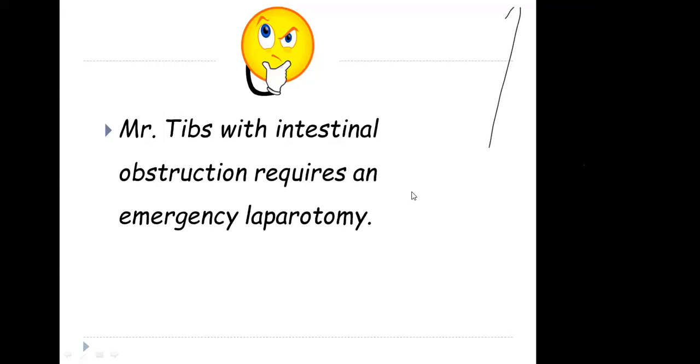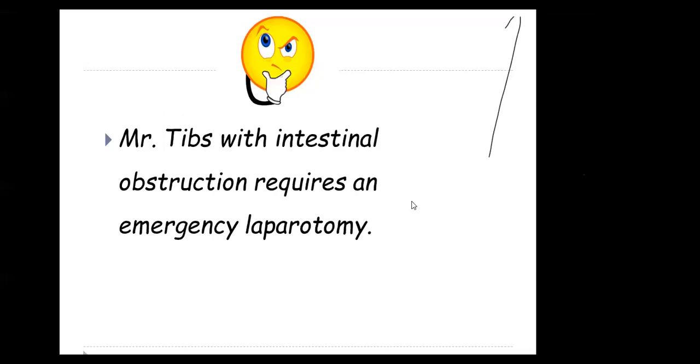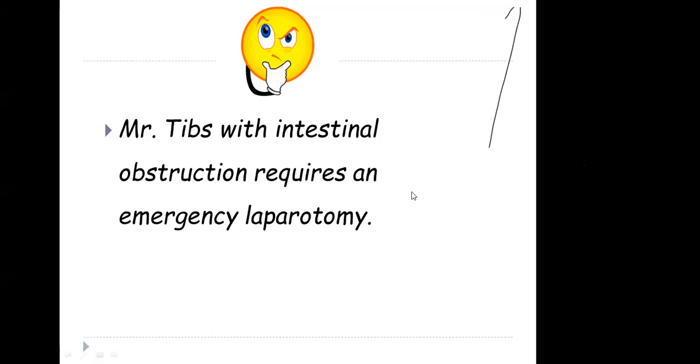What would you give Mr. Tibbs? What drug do you want to give him to sedate him? Sorry, for his anesthetic.